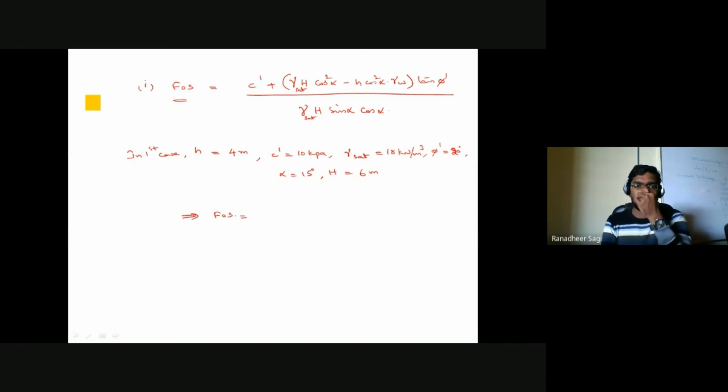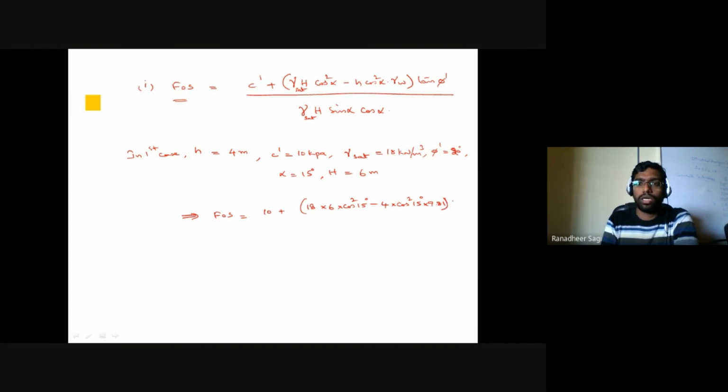The factor of safety is equal to 10 plus gamma sat, 18, into height, 6, into cos square 15 degrees, minus the small h, 4, into cos square 15 degrees into 9.81.